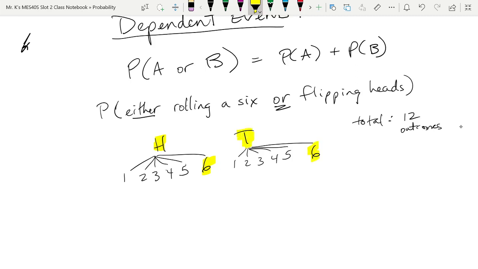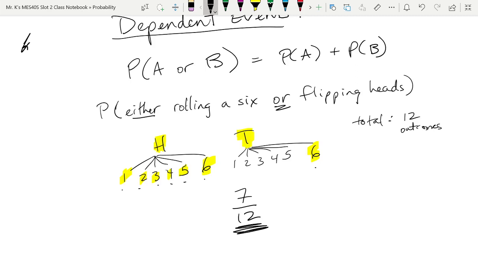And then I could get a heads and a 1, a heads and a 2, a heads and a 3, a heads and a 4, a heads and a 5. So add all that up, and what do you get? There is 1, 2, 3, 4, 5, 6, 7 out of 12. So it's an add. You have to add up all of the possibilities. There's 12 outcomes, right? Desired over possible.